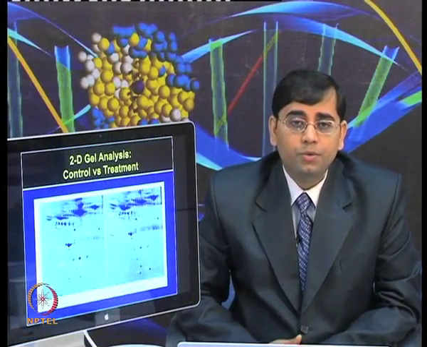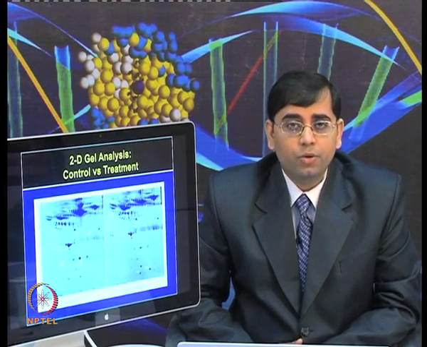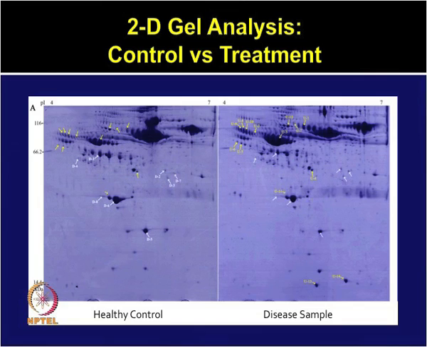Now, I am showing you a gel pattern of control and its comparison with the treatment gel. These are taken from one of the healthy controls and a disease sample, and each of the spots is compared from the control to the treatments, and one can look at, from different healthy controls and different disease samples, what is happening to each of the spots and if there is statistical significance for their overall change.